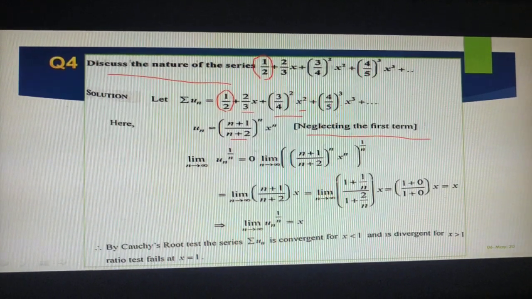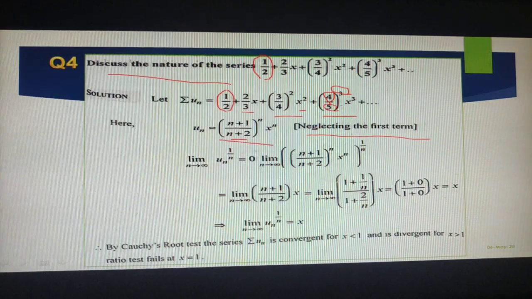Now think about this term also, 4 by 5 whole cube x cube. If you take these powers, here 1 is less, here 2 is less. So 1 is more, 2 is more. So you should add that for the n value. If you consider this 3 as your n, then I have to add 1 more here in the numerator, and 2 more here for your n.